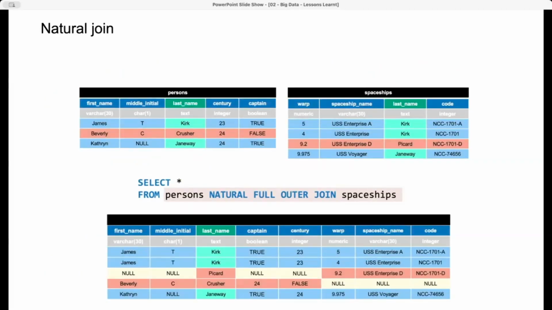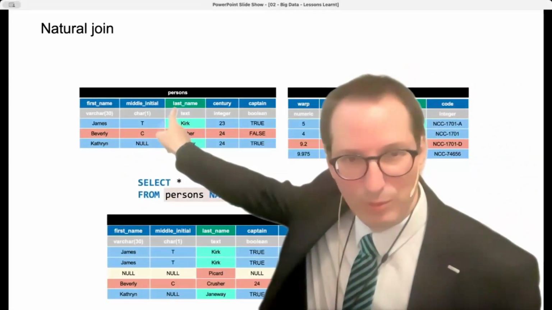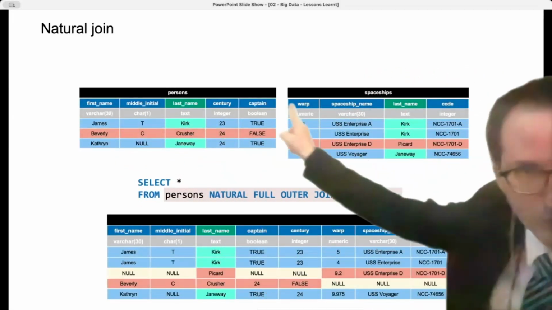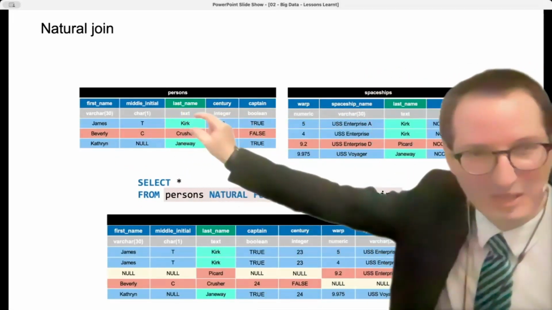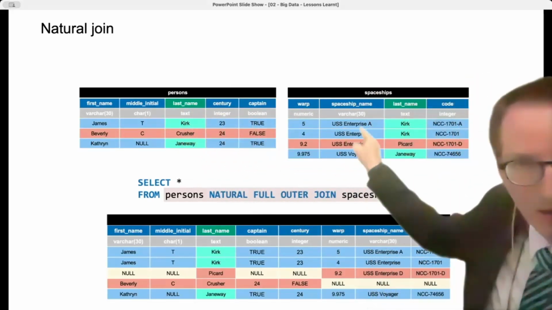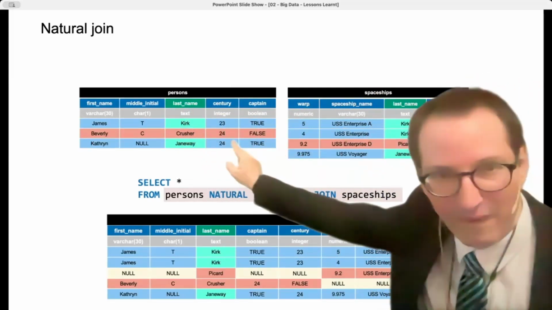Then you can join. It's all because it's a declarative language, so it really doesn't take much to do that. You can have a join between the two tables. It's a natural full outer join. What does that mean? It's not to scare you. Natural join just means that you look at the attribute names that are the same. There's the same attribute, last name, on both tables. So a natural join means that you use this to do the matching. Kirk, twice.